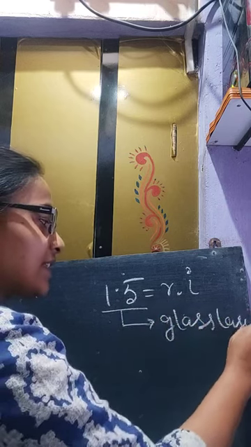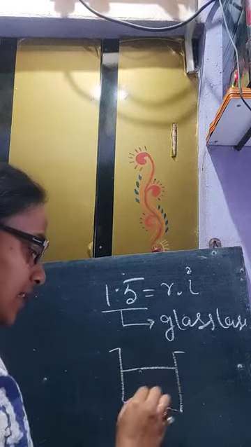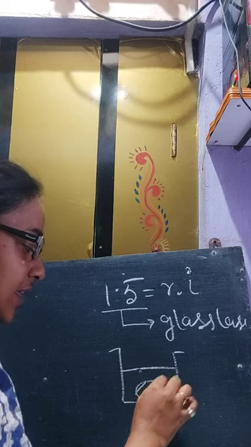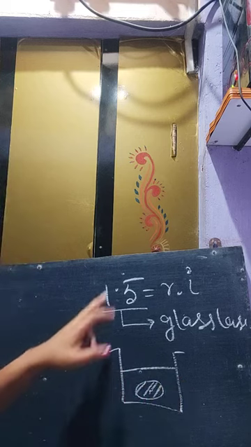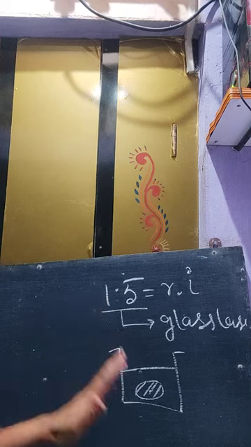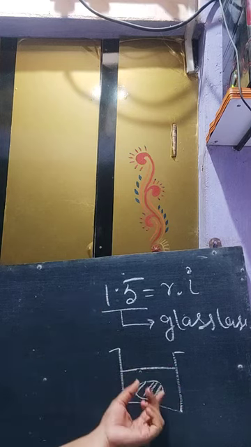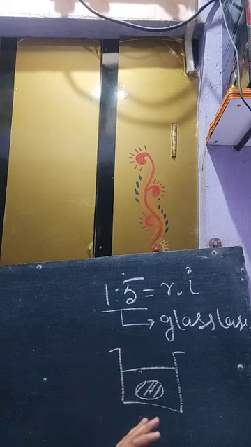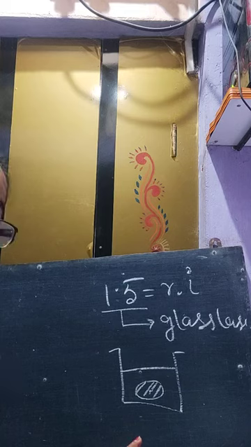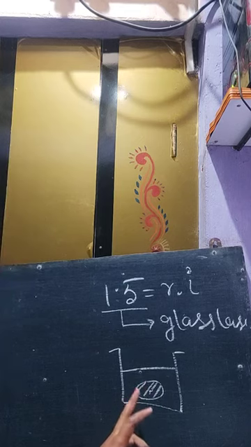And this glass lens is placed in a liquid. Suppose this is the liquid, and a glass lens is here, which has a refractive index 1.5. My question is, what will be the refractive index of this liquid so that the glass lens will disappear inside the liquid? That is, we cannot distinguish the glass lens that is present in the liquid, right?